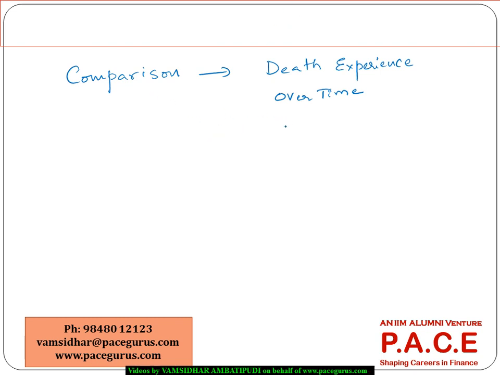Or probably I would like to compare my actuals with some standard tables that are already present, right? So, what could be the standard tables? See, generally we see two forms of standard tables, wherein we are looking at the tables that are prepared based on the national data, which are called national life tables.